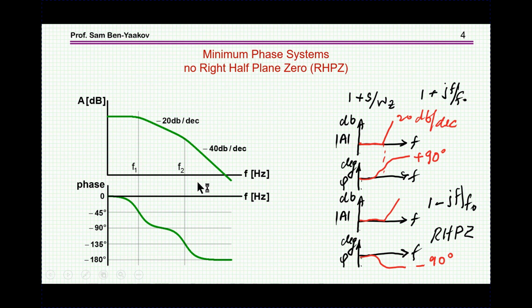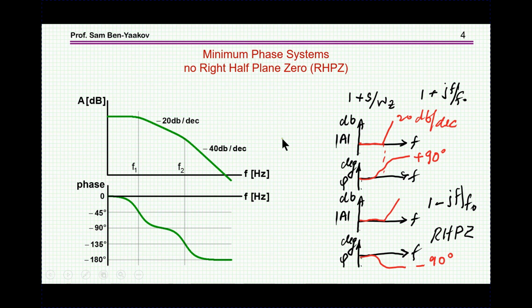Now, we talked about minimum phase systems, and I'm dealing only with these systems in this presentation. In this case, we are talking about a system in which we do not have a right half plane zero, because in this case, things get a little bit messed up.